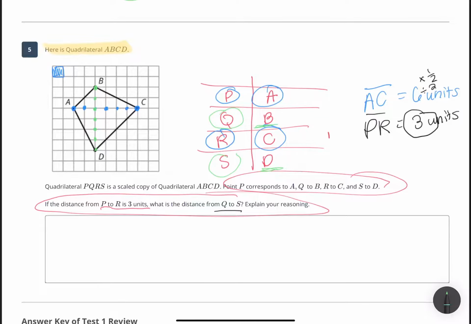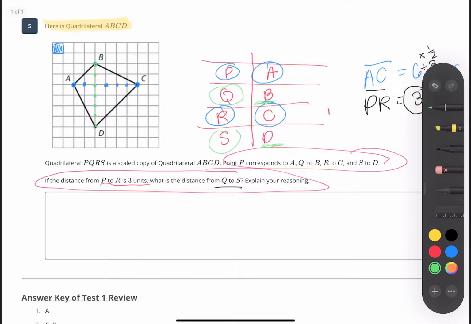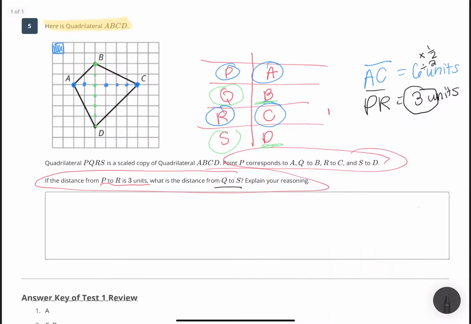We already did the math work: if it was 6, it'll be 3 units. So I know that my answer is 3 units. Now I need to answer this the correct way, so let me get my choice and start writing.